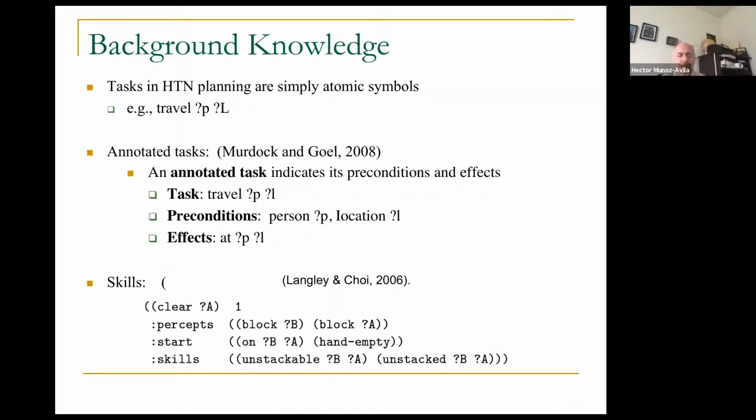But the tasks in HTN planning do not have semantics. And what I mean by that is, if you think about a planning problem, when I have a goal, the semantics of the goals are very clear. Typically, it's a statement on a fact that is true in a state.